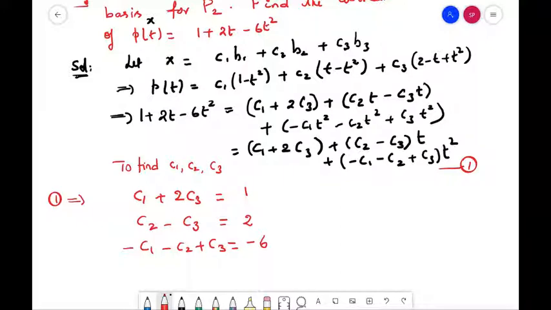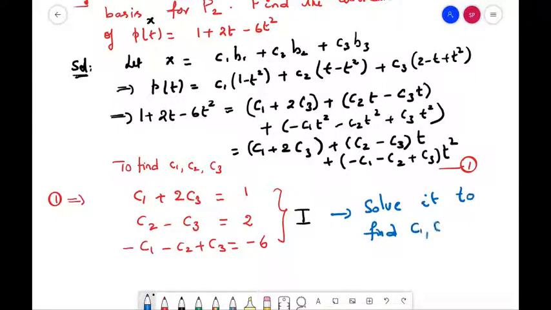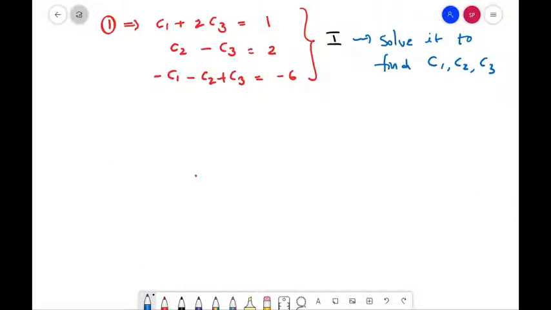So now you have this system of equations to be solved. So how do we solve this? You have to solve it to find C1, C2, C3. This is what we have to do now. To solve this system of equations, we'll use the augmented matrix and echelon form of the matrix.